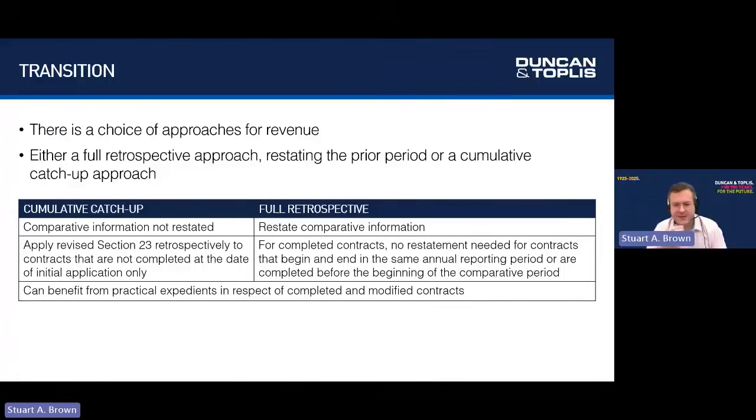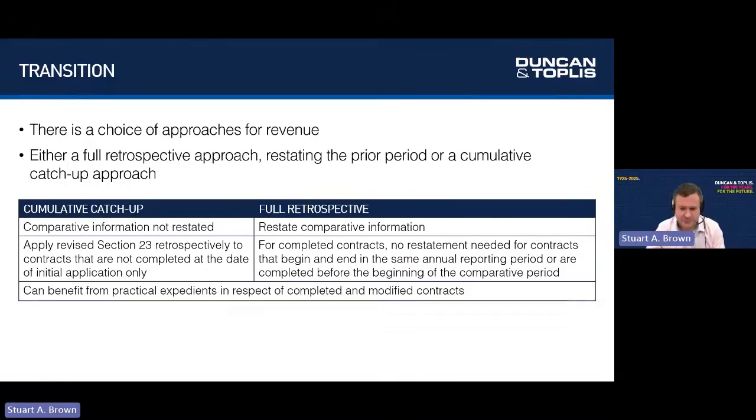So now moving on to the transition. Now for revenue, it's a transition from the current FRS 102 to the revised FRS 102. There is a choice of approaches here, which differs from other areas. So you can take a full retrospective approach where you fully restate the comparative information, or the cumulative catch-up approach, which is where you just make an adjustment to the reserve position of the current year.